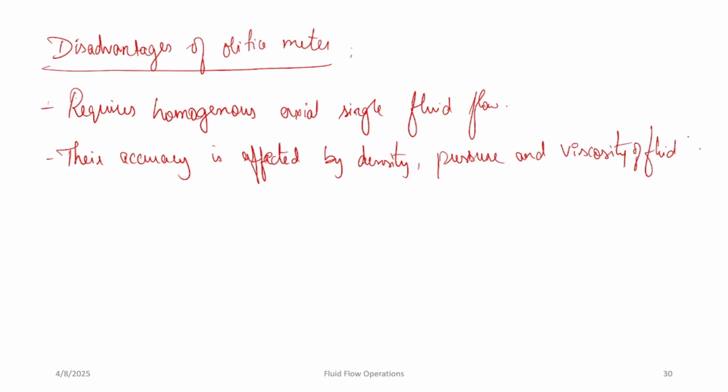Viscosity of the fluid limits its pressure measuring range, and it requires a tight pipe run to ensure accuracy is maintained.